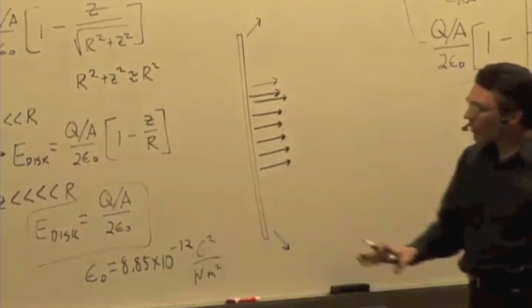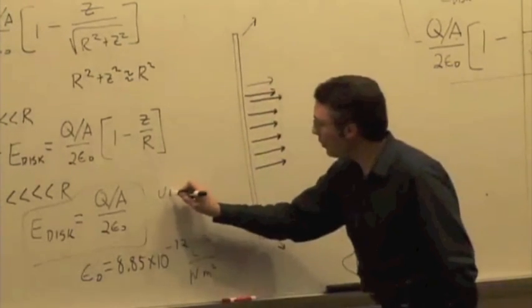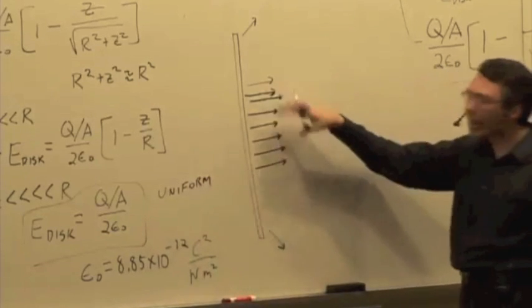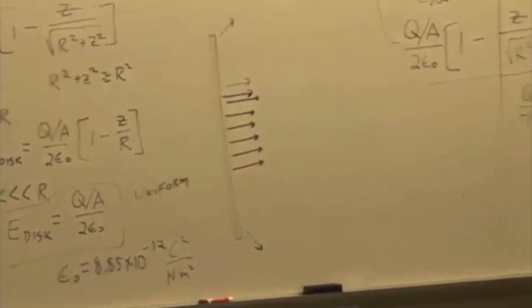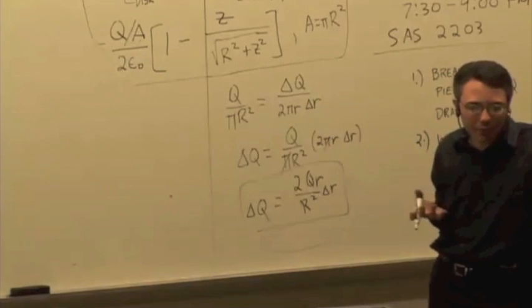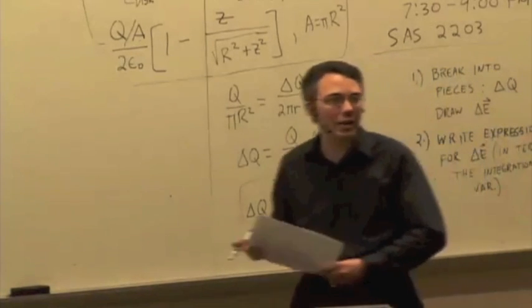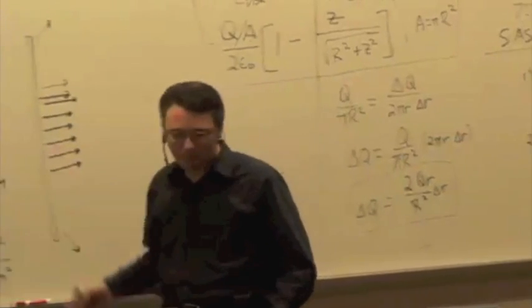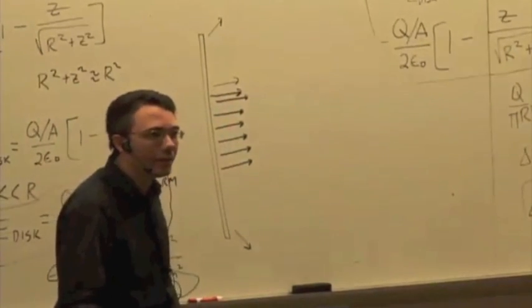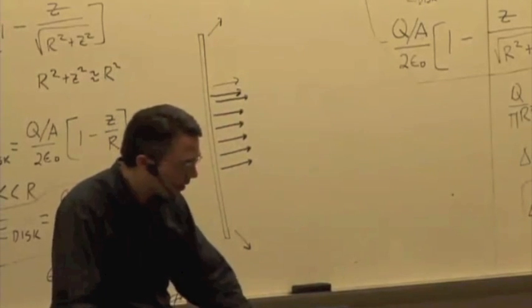So the field looks uniform, both in magnitude and in direction, when you're close to the center part of the disk. That's a useful thing to know. If we want to create a uniform field, then having a uniformly charged disk would be the most useful thing to have.